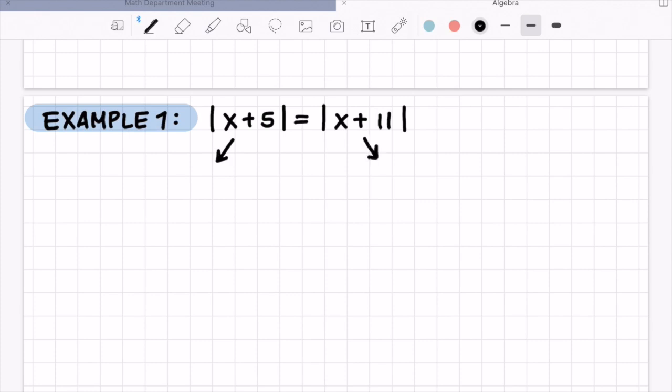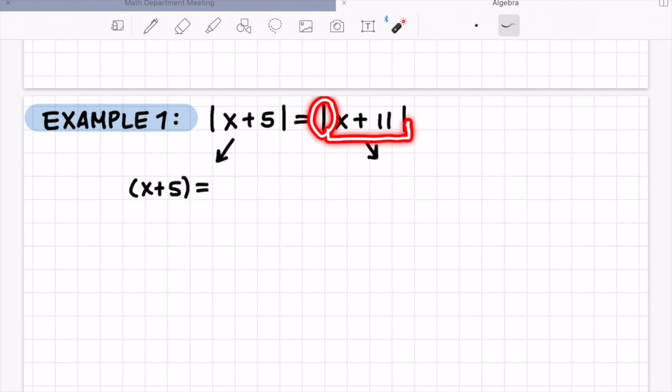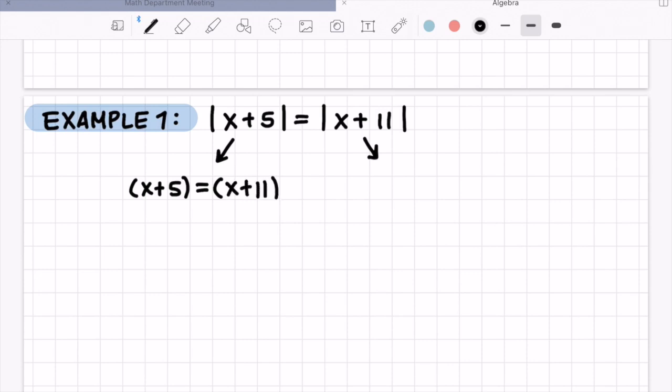My two equations will be parentheses x plus 5, closing those parentheses, and that equals to whatever is on this side, and I'm just changing the absolute values to parentheses. So it turns into parenthesis x plus 11, and I close those parentheses.